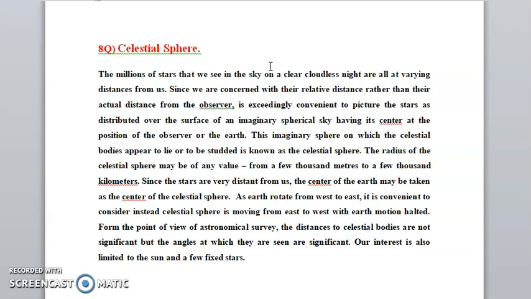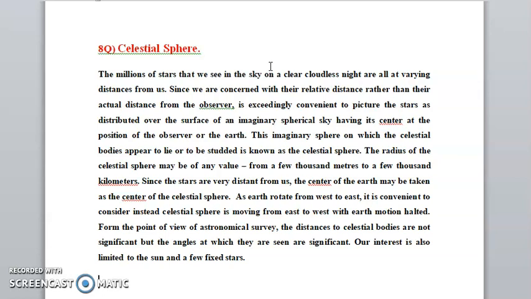Since we are concerned with their relative distance rather than the actual distance from the observer, it is exceedingly convenient to picture the stars distributed over the surface of an imaginary spherical sky having its center at the position of the observer on the earth. This imaginary sphere on which the celestial bodies appear to lie or to be studded is known as the celestial sphere.